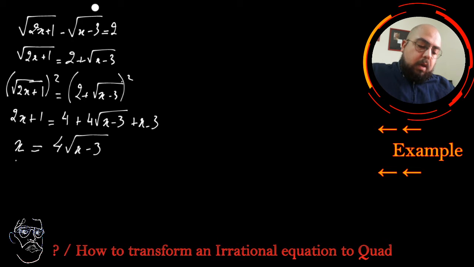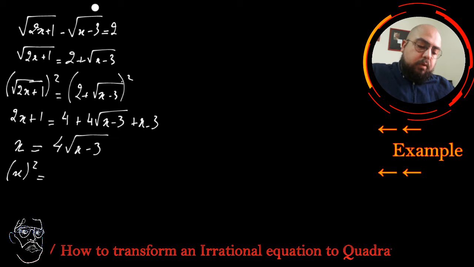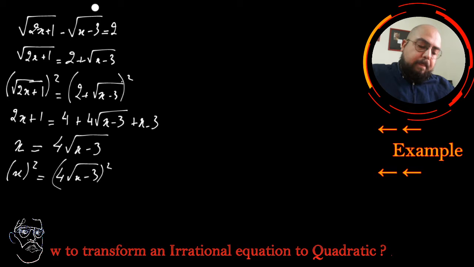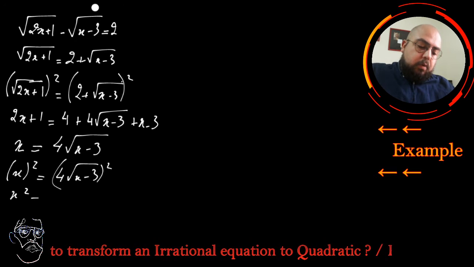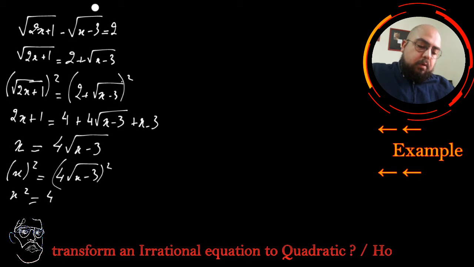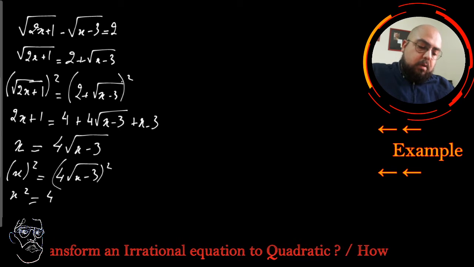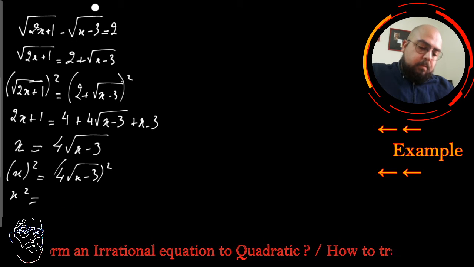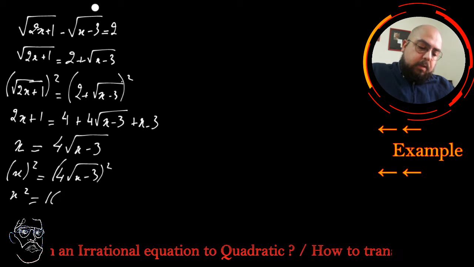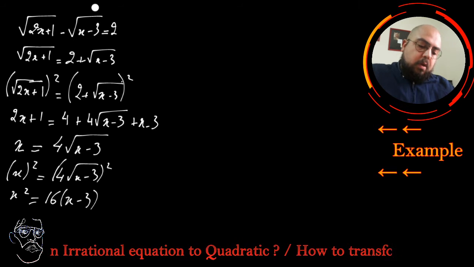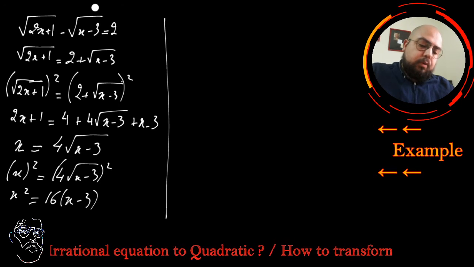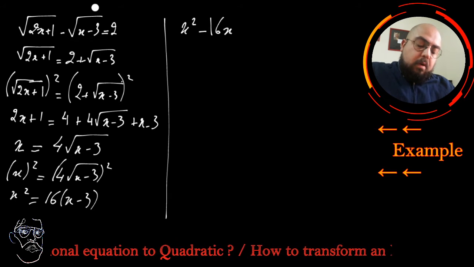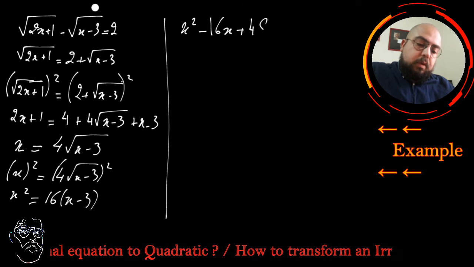So x to the power of 2 is equal to (4 square root of x minus 3) to the power of 2. So I will obtain x squared is equal to 4 to the power of 2, it's 16 actually, times x minus 3. So my equation will be transformed to x squared minus 16x plus 48, which is equal to 0.